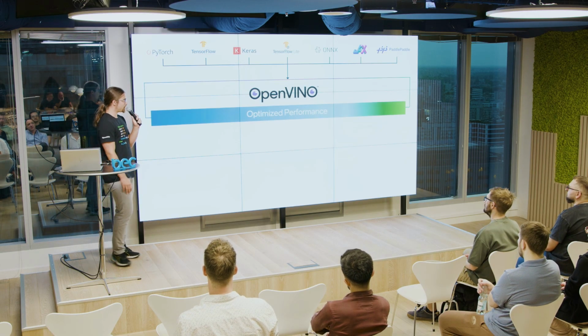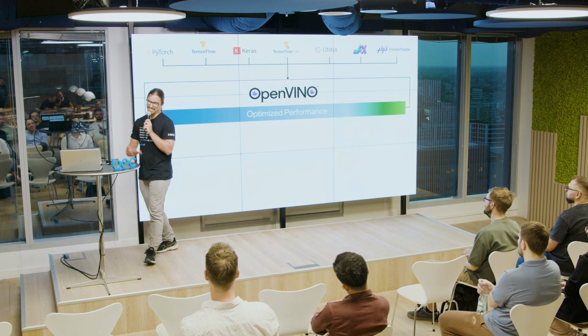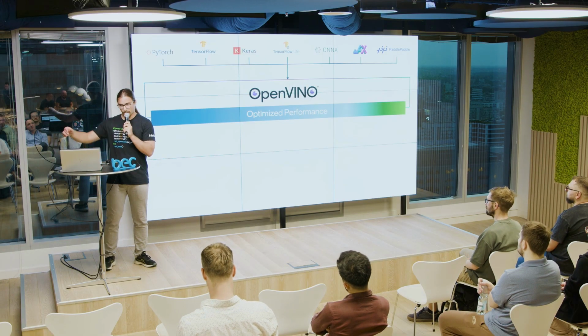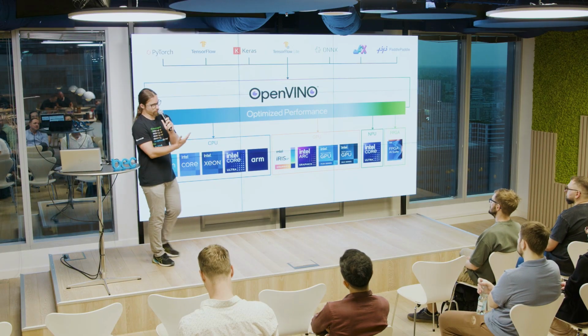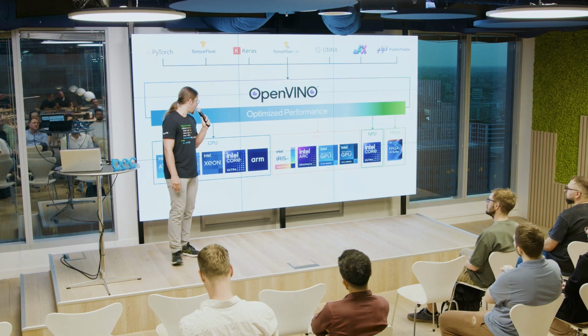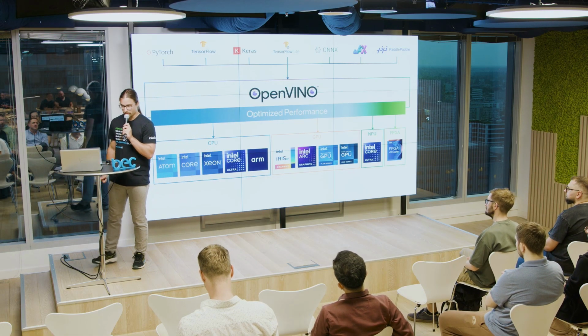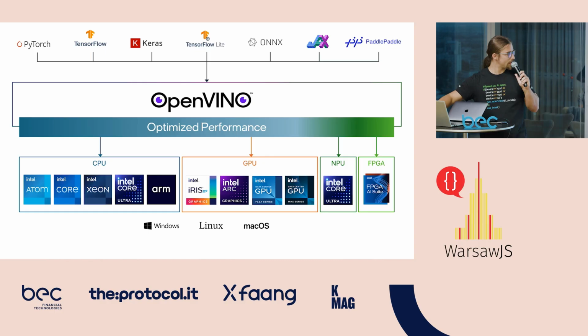Later, you convert the model to OpenVINO to optimize performance, usually on Intel hardware. So you run it on hardware. But OpenVINO can work not only on Intel hardware. We support also ARM architectures, and the demo I will show you today was even tested on NVIDIA cards. And it works on Windows, Linux, and macOS, so basically most of the computers in the world.